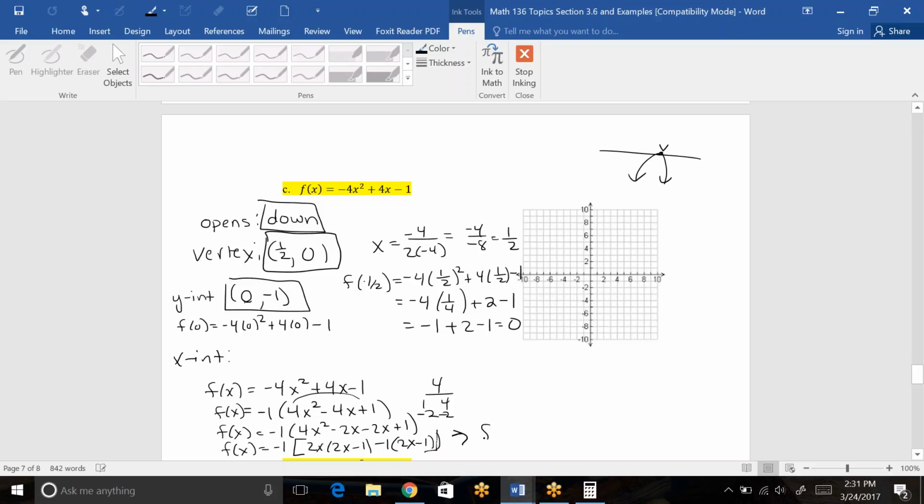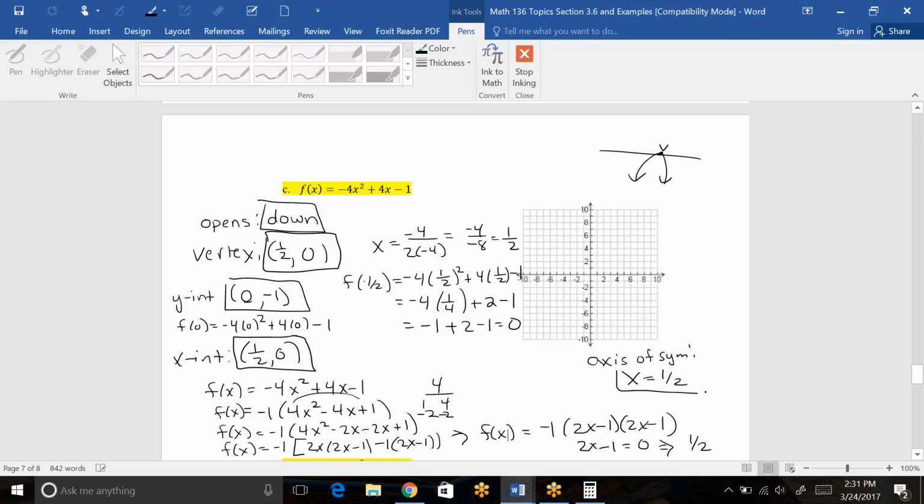So this factors into 2x minus 1 was the match, and 2x minus 1 is the leftovers out front, which means you only need to solve it once. So it's 1/2, which is what we got earlier. We already knew that the vertex was the x-intercept because it has a 0 for y. Our axis of symmetry would just be x equals 1/2 because that is the vertex x.